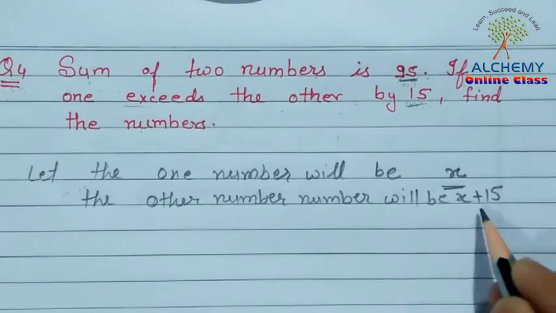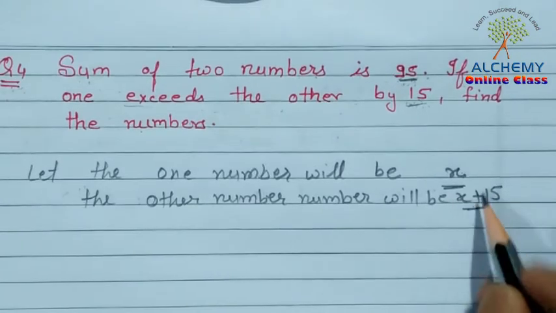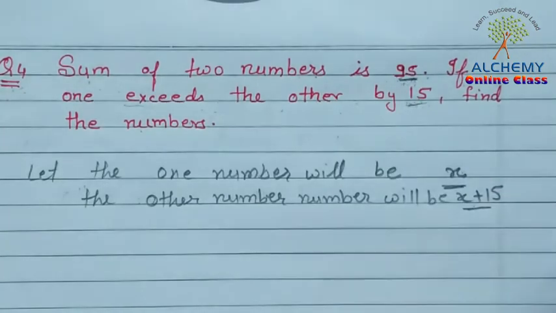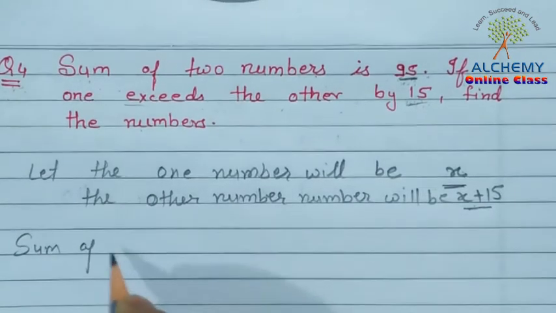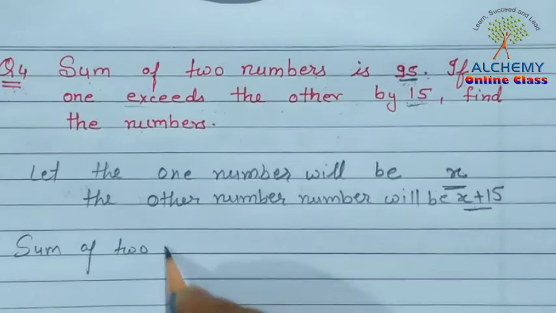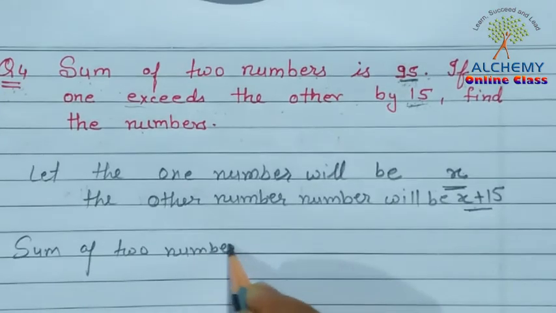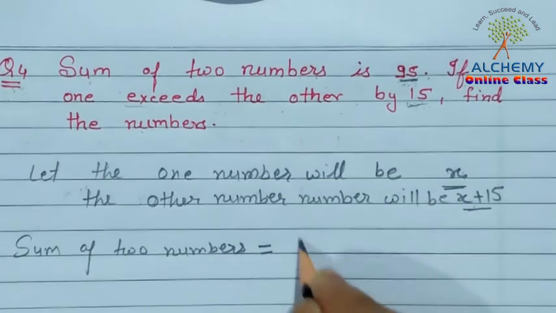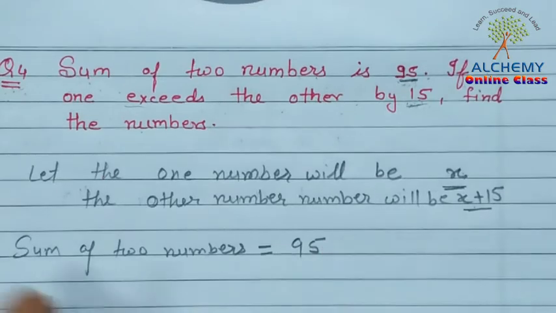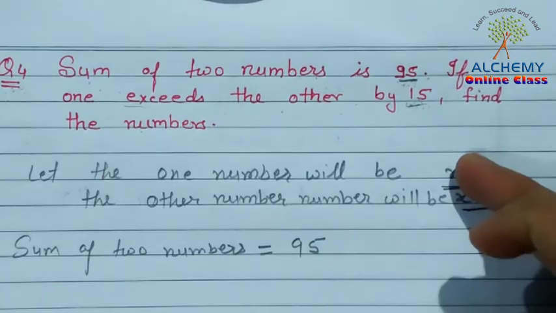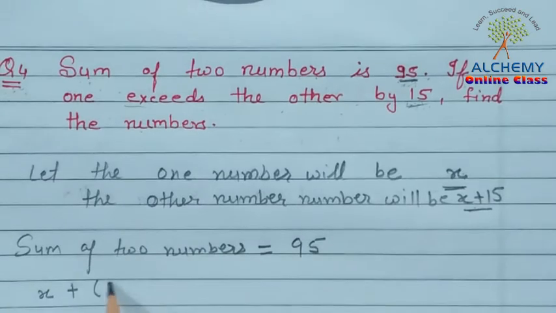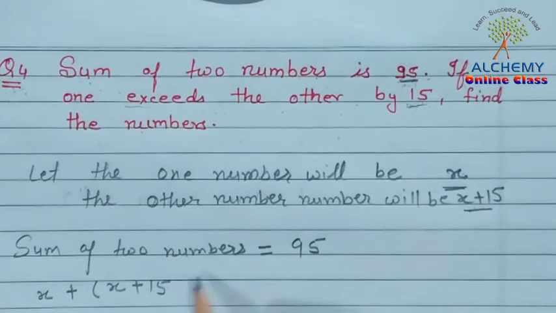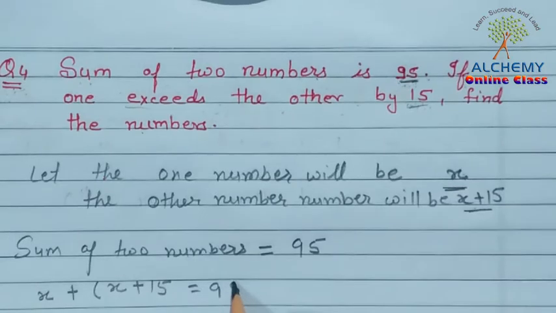These are two numbers, and when we add these two numbers, we get the result 95. It is given here: sum of two numbers is equal to 95. Sum of two numbers means we have to add these two numbers. So we can write here x plus (x plus 15) is equal to 95.